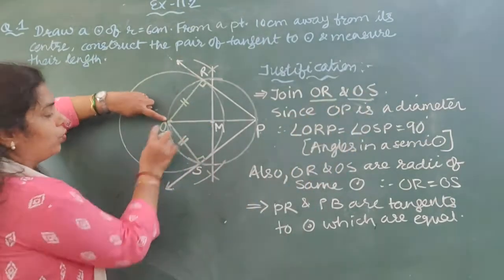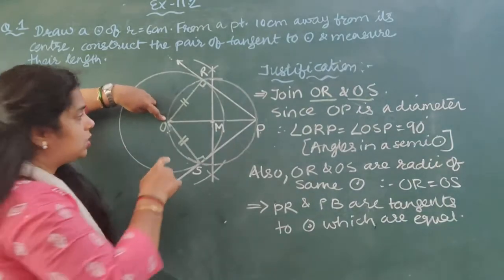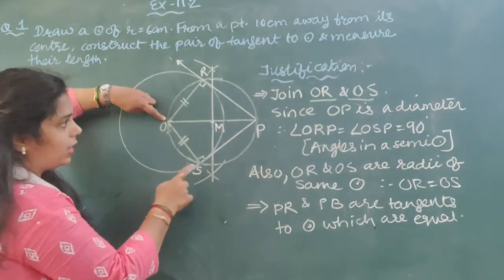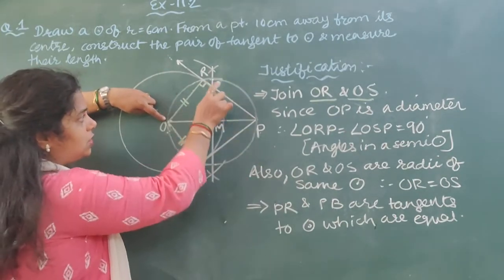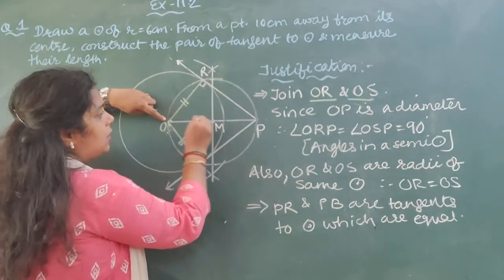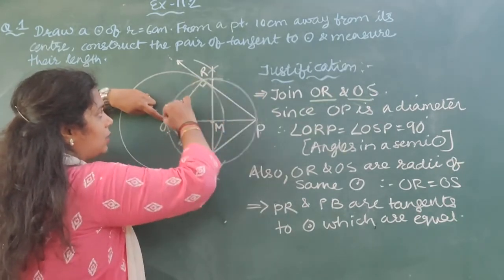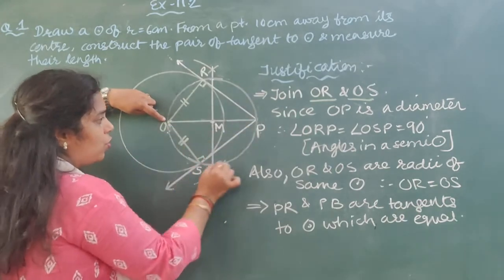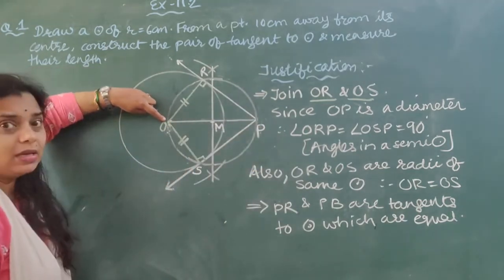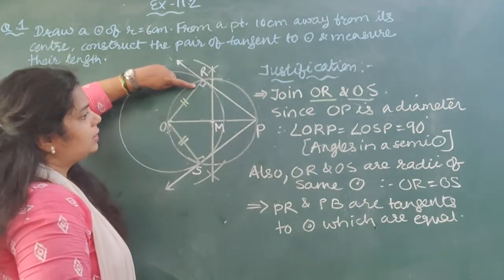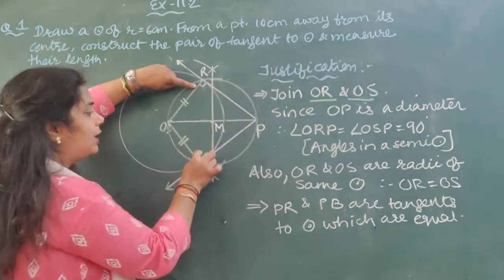If I join O, which is the center of the earlier first circle, to R and S, and as you see, this is a semicircle ORP, and this OSP is again a semicircle, and angle ORP and angle OSP both are 90 degree.